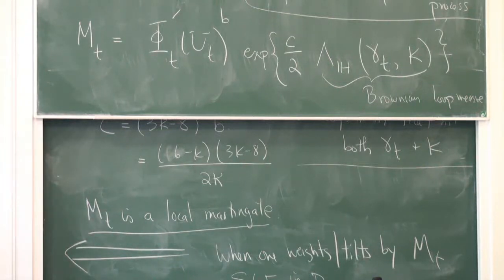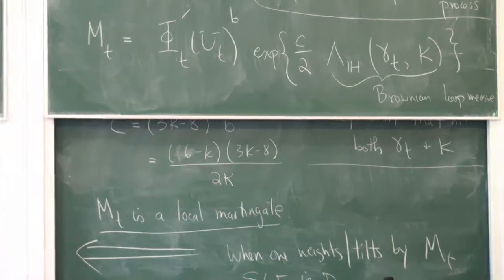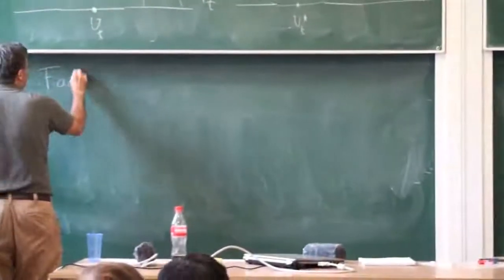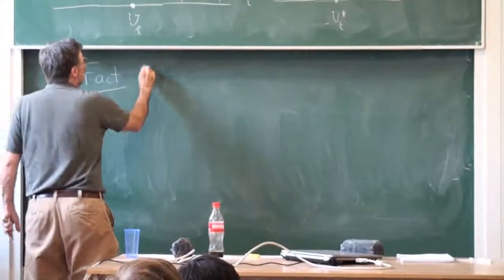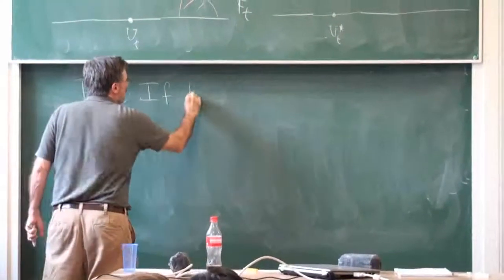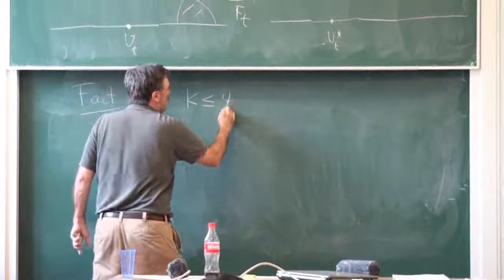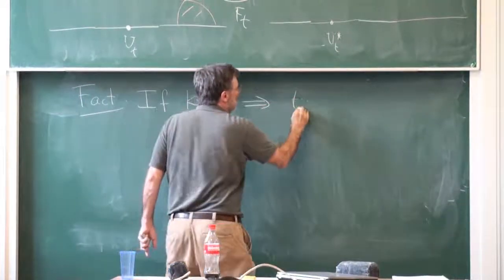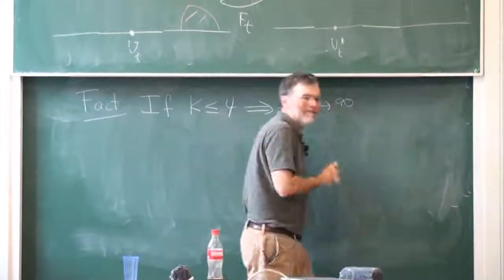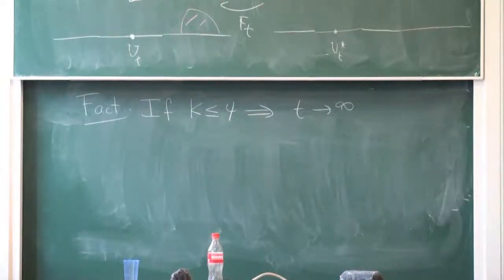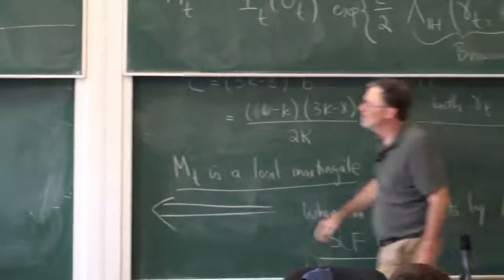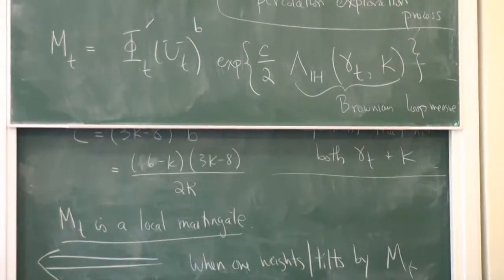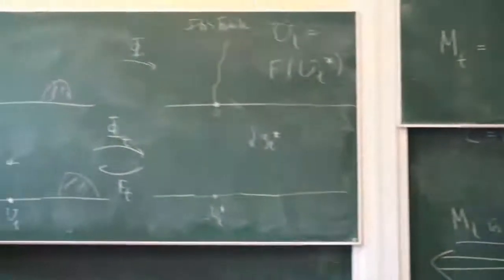The next theorem, or I'll just call it a fact, is that if kappa is less than or equal to 4, we can actually let t go to infinity. So I've got this martingale. I'm starting with SLE up here.